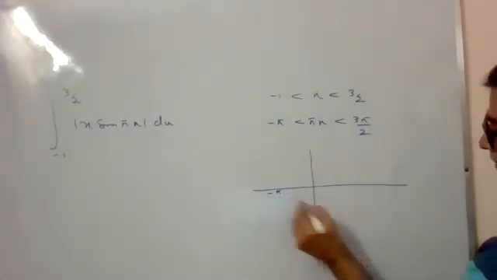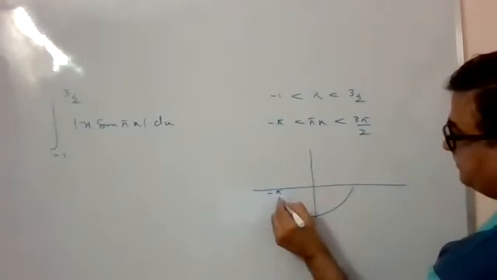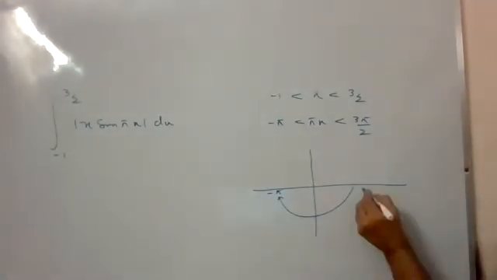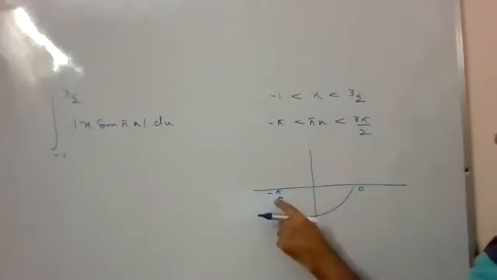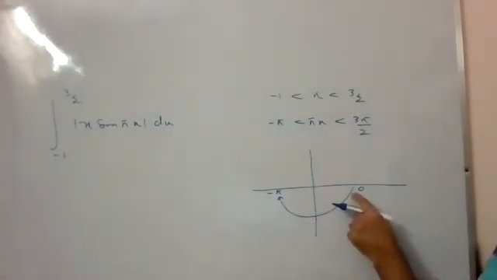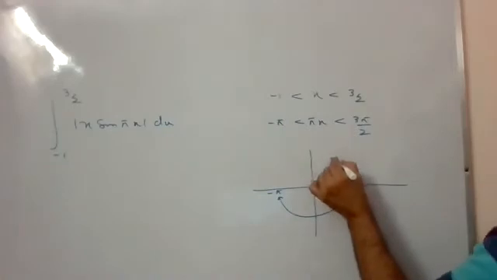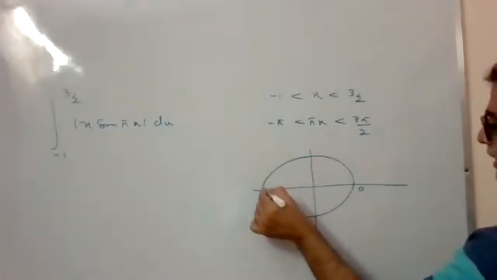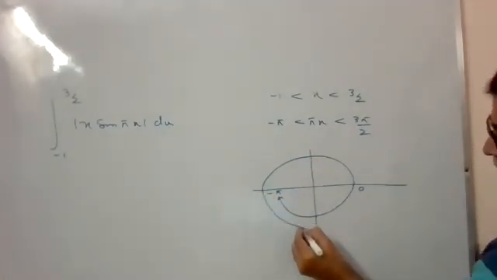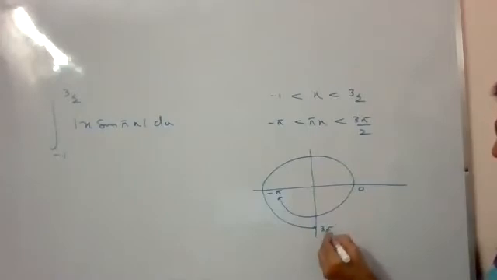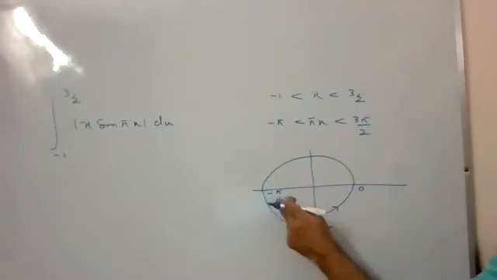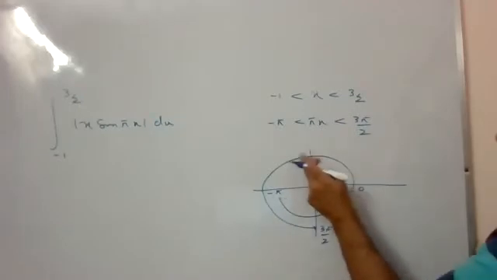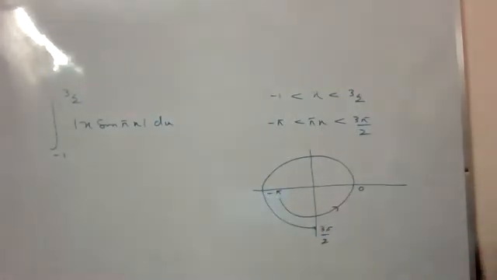So it will start from -pi to 0, then 0 to pi, and then pi to 3 pi by 2. This way the sign is going to move.